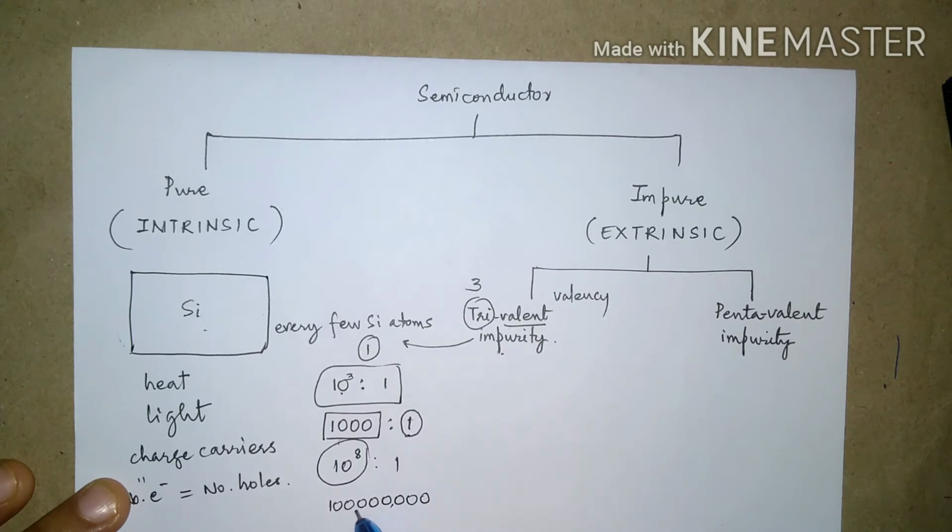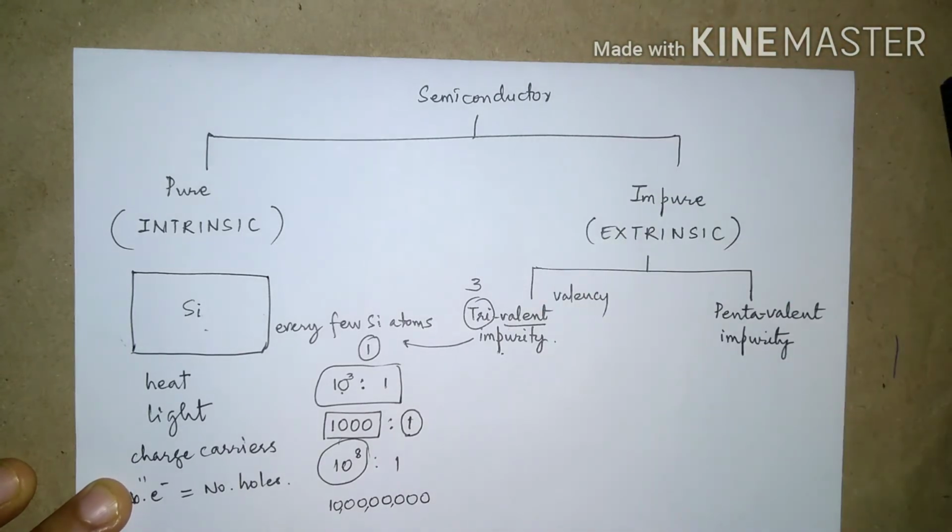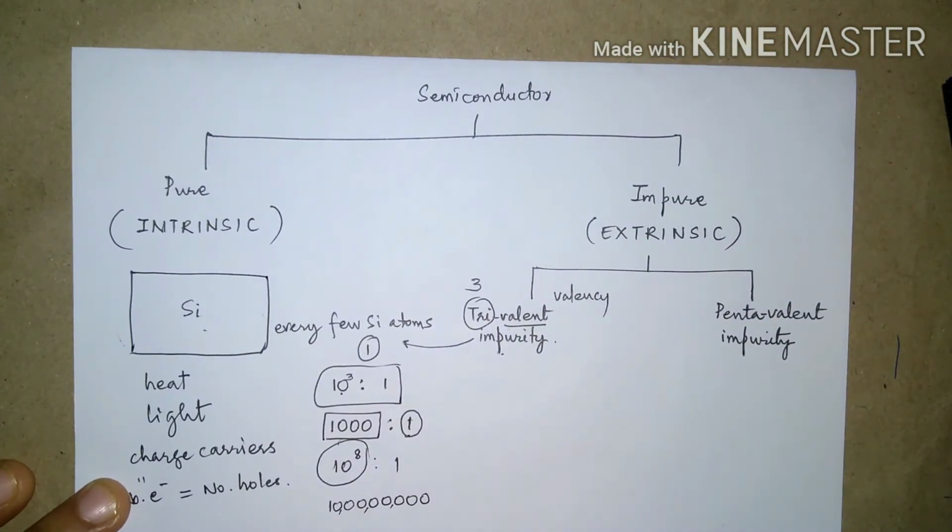So if you think of it like this, you can say that for every 10 crore silicon atoms, one impurity atom is added.